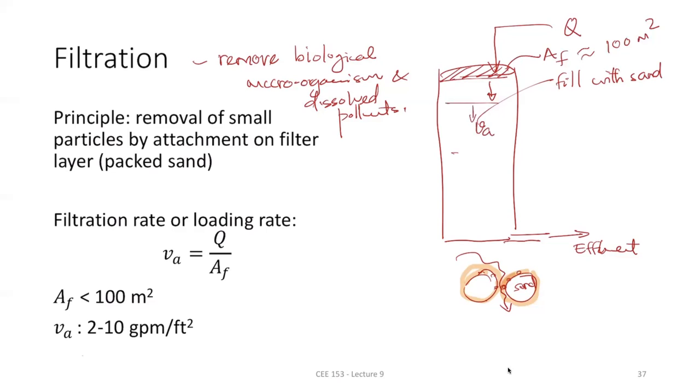You can convert this into square meters or different units. This is roughly the design spec, and you want to stay within this range. You don't want a surface area of more than 100 square meters because it takes lots of space. You want it smaller, but if you go too small, you can't treat as much volume.